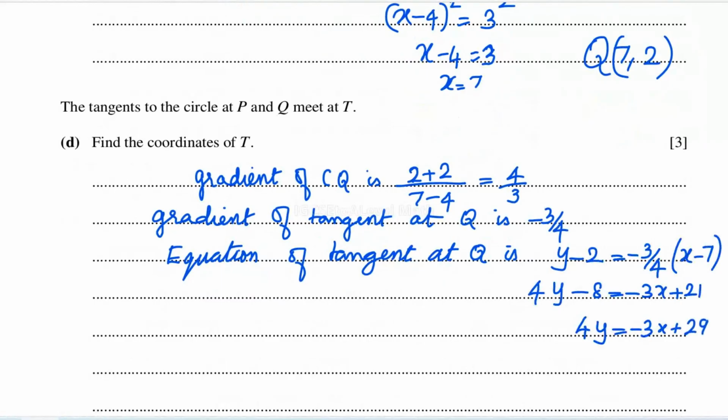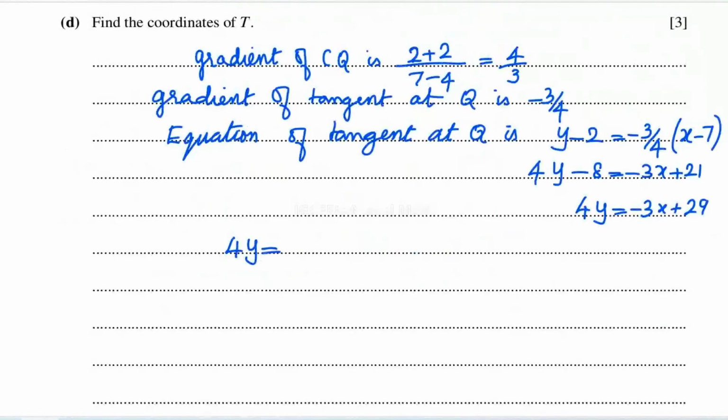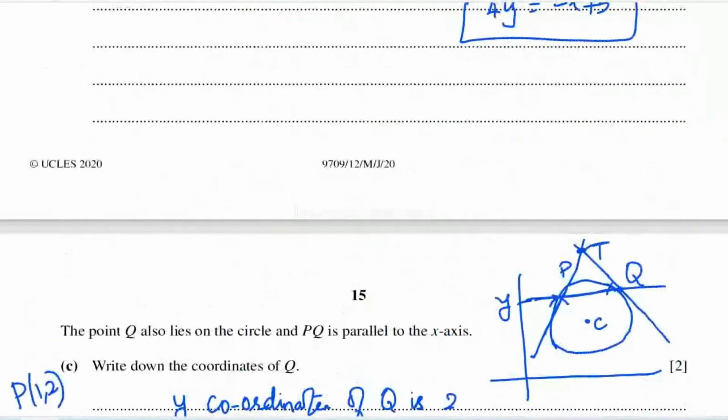So now we have equation of the tangent at P and equation of the tangent at Q. So we need to find the point of intersection of these two tangents. So the equation of the tangent at P is 4y is equal to 3x plus 5.